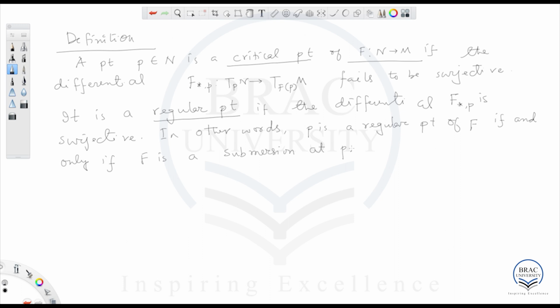Okay. Now we need the notion of a critical value. A point in M is a critical value. Okay, so a critical value is in the target manifold M. A point in M is a critical value if it is the image of a critical point.